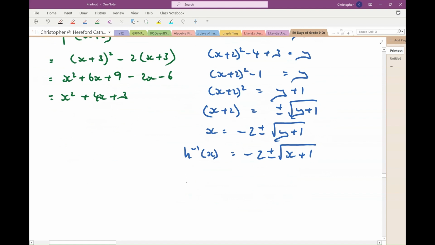So in fact, we're only going to be interested in the case when we have minus 2 plus the square root of x plus 1. My screen's just frozen, so I'm not going to write that down, but you know that only one of those solutions is valid.